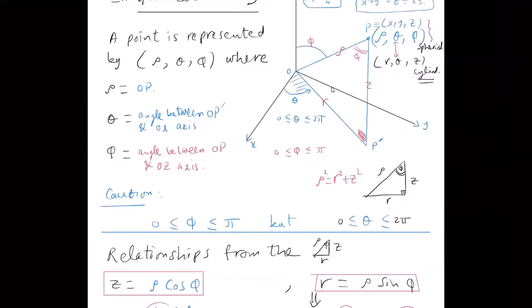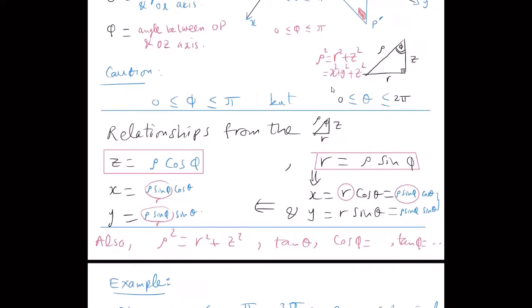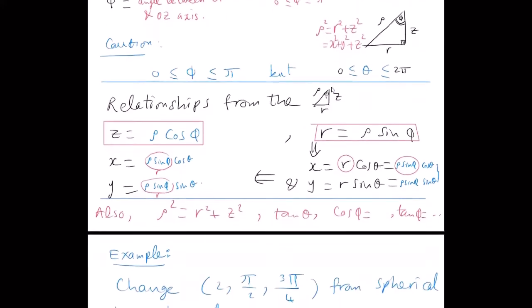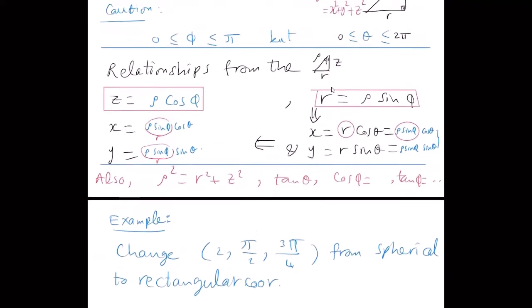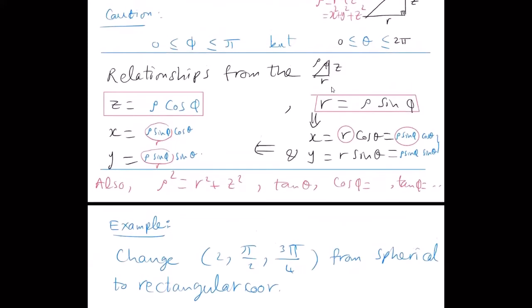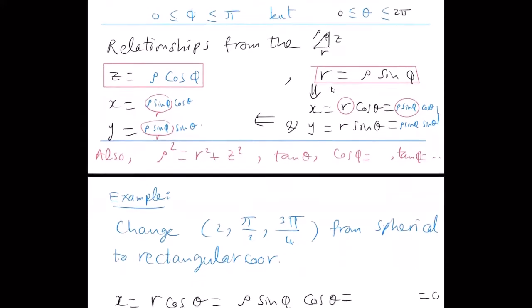And r square we know is x square plus y square. So the relation between the distance rho and the 3 rectangular coordinates x, y, and z is the Pythagorean theorem in 3D, or the length, the norm, the magnitude of the vector, same formula.